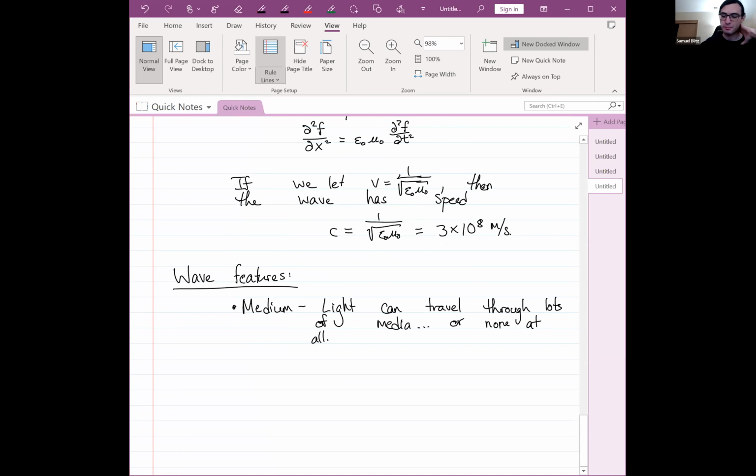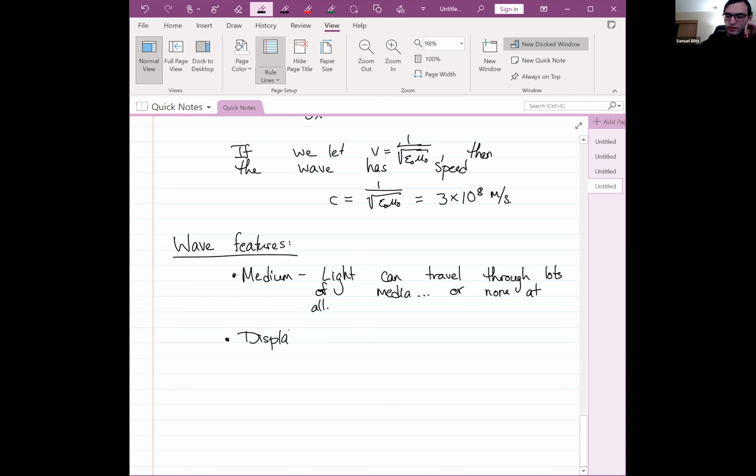Another way, you might ask, what is the disturbance? On a string, the disturbance is vertical motion of the string. In a sound wave, the disturbance is pressure differential from ambient. In a light wave, it's a little bit different. The waving things are the electric and magnetic fields that are changing with time. Now, these are vectors, and vectors have a direction.